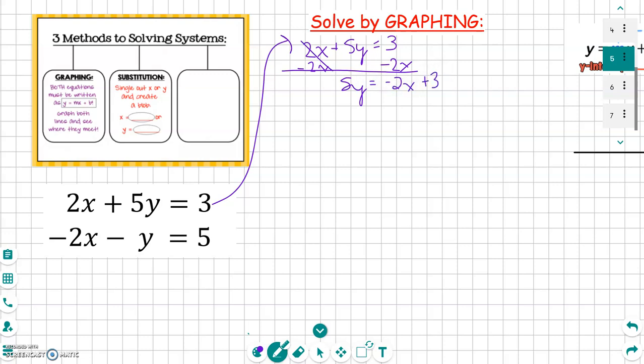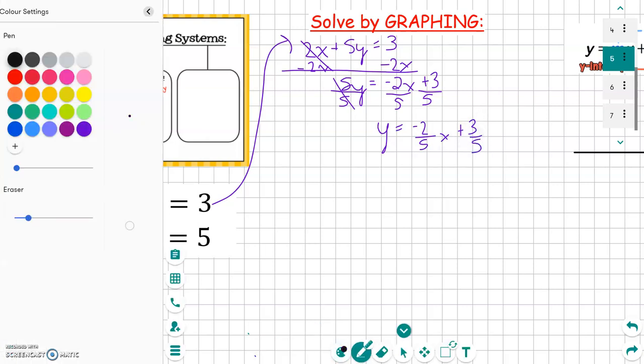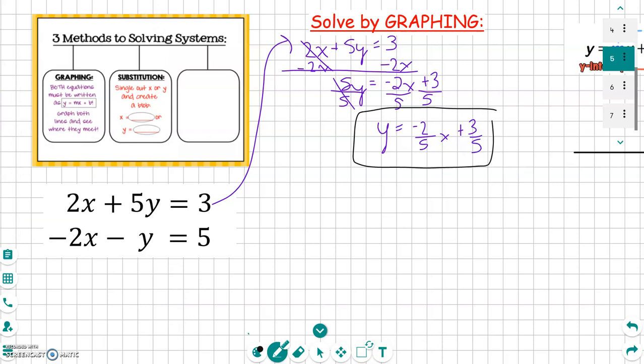And we can't combine negative 2x and 3 because they are not like terms, which is why we write it this way. And now we divide both sides by 5 to get y by itself. And finally, you end up with y equals negative 2 over 5x plus 3 over 5, matching the slope-intercept form.